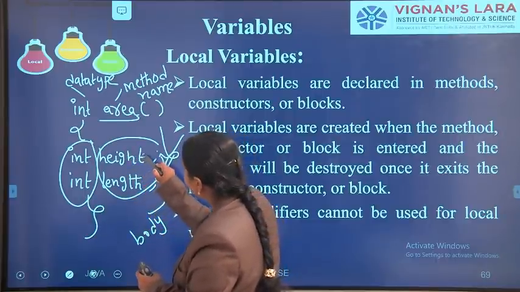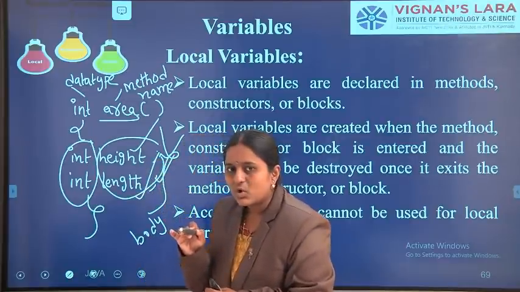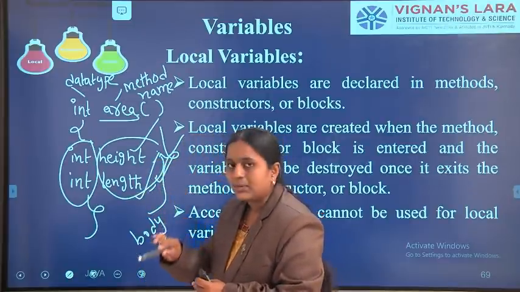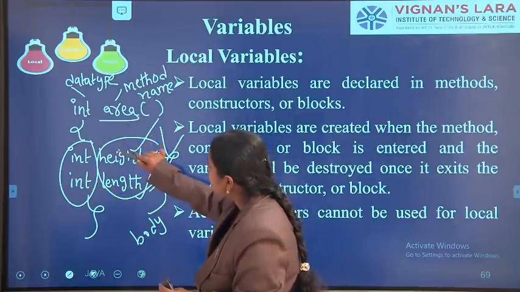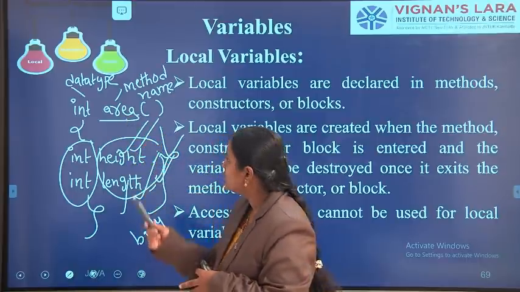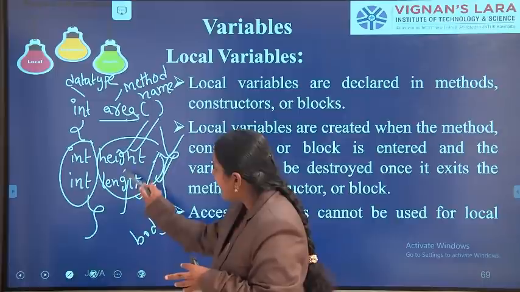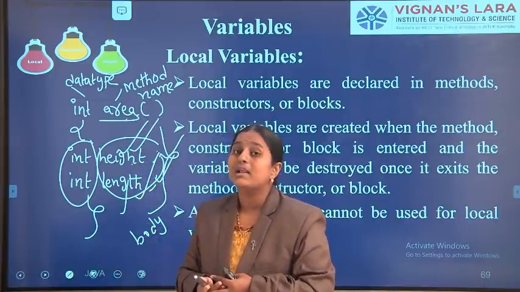Any variables can be defined here. So what is a local variable? Any variable defined within a method can be called a local variable. In this example, height and length are local variables.